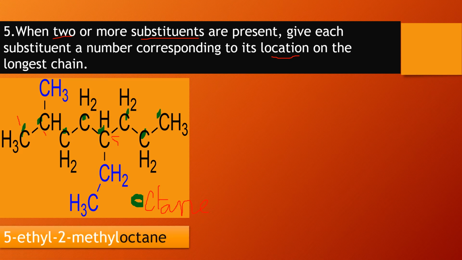Why are we not writing 2-methyl-5-ethyl? Because we write it according to alphabetical order. So E comes first and M comes later. So the name is 5-ethyl-2-methyloctane.